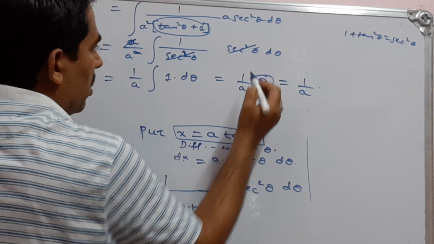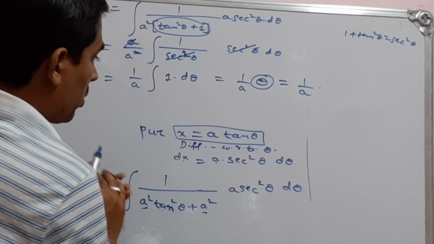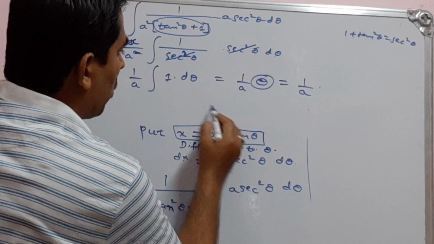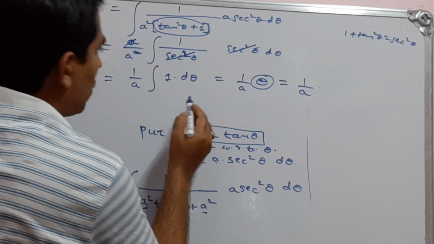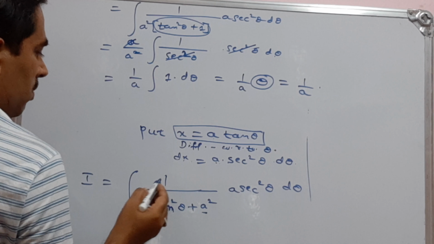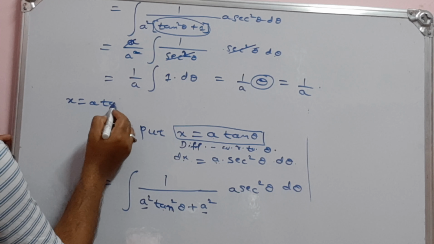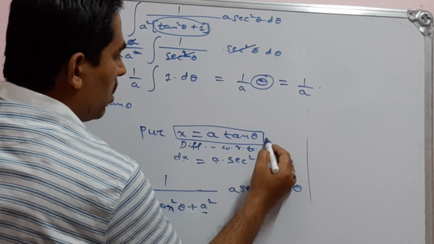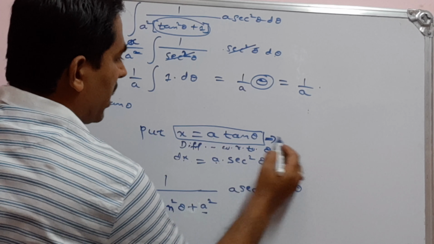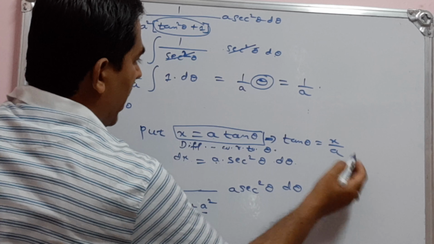What is this theta? I have to substitute here. Our substitution is x is equal to a tan theta. So if I solve for theta here, tan theta is equal to x by a.